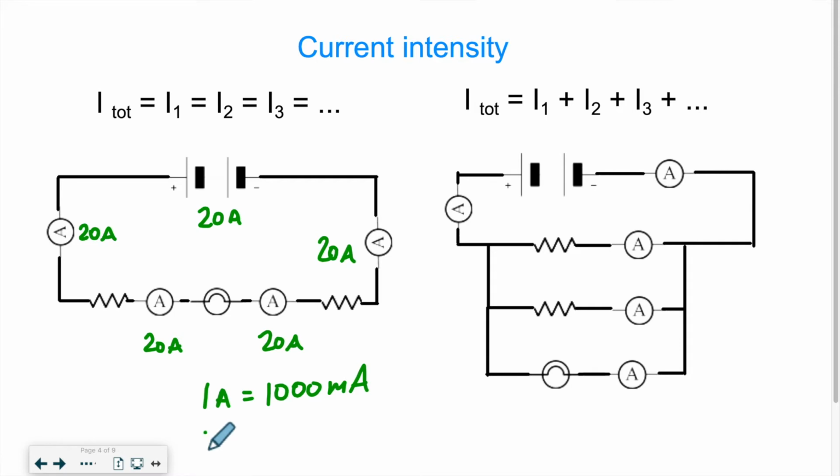Or I could say that 1 milliamp is equal to 0.001, so a thousandth of an amp. Okay, so it's important to remember this. Always verify when you're working with the circuit. If you see something in milliamps, that should be the first thing that you do. Convert your milliamps back into amps because these calculations only work with amps, not milliamps.